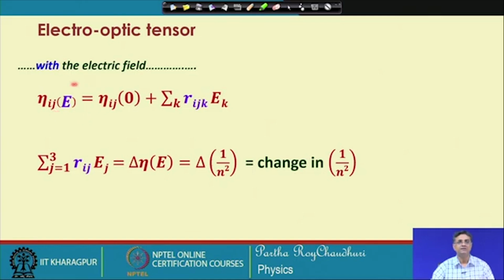Once I have the change in the impermeability tensor, I can couple this change to the original to get the new ellipsoid, and from the new ellipsoid, by diagonalization or by Euler angle rotation, we can calculate the new principal refractive indices, and from there we can calculate the birefringence, retardation and all other associated properties. That is, in summary, the task that has to be done.